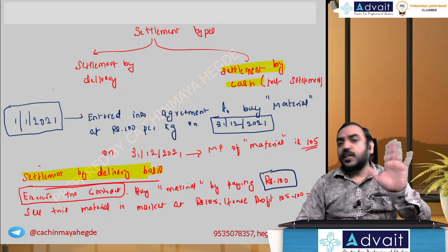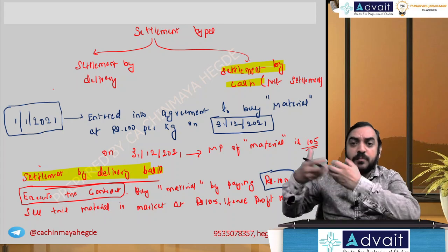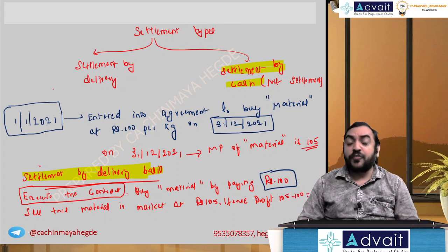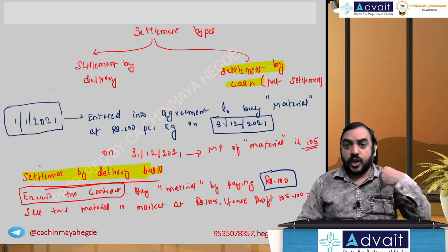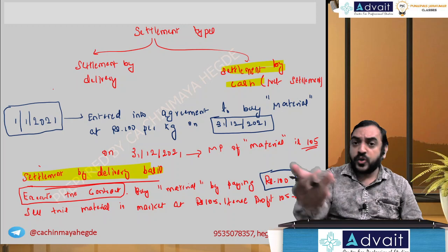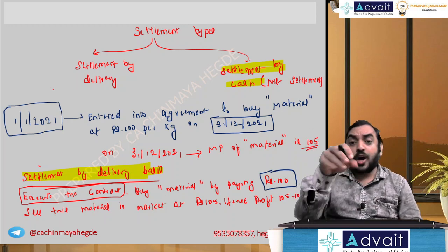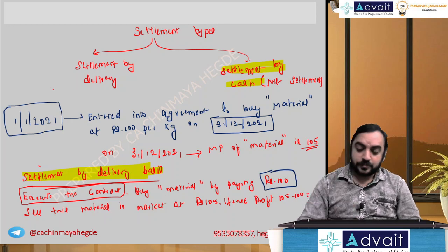He will not sell it at 105. He buys the material, he consumes it, he manufactures the finished goods. So what will this 100 rupees be for him? Cost of material purchased. If you are a manufacturer, you are not going to sell this material. This 100 rupees will be your cost of material purchased. Correct.